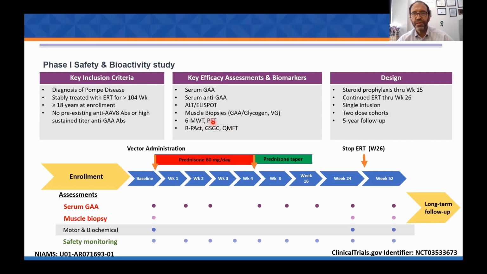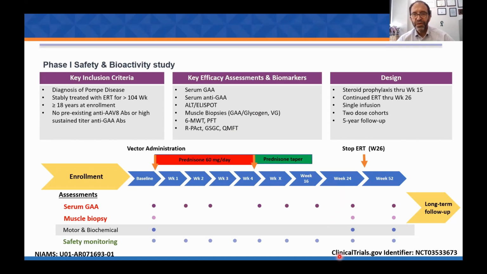periodically doing a muscle biopsy both before and after gene therapy, muscle function testing like the 6-minute walk test, the pulmonary function tests. And a key feature here was the steroid or prednisone treatment that started 1 day before the vector, continued for 4 weeks at a full dose, and then there was a gradual taper going down in the dose weekly out to week 15 when it stopped.